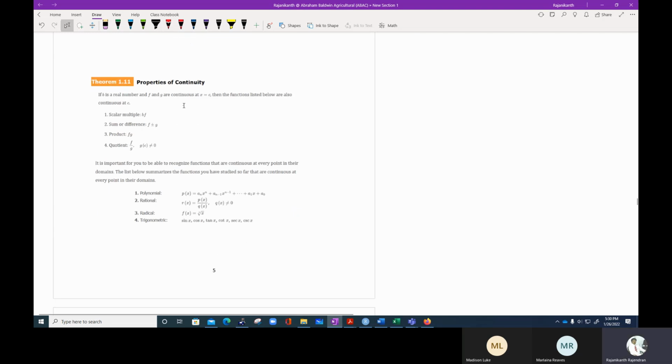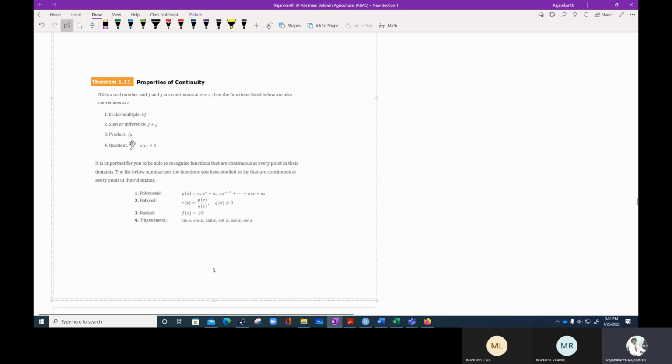So there are some properties of continuous functions. If functions f and g are continuous at a particular point C, then these are true. The function b times f is also continuous. If you add or subtract two continuous functions, the resultant function is also going to be continuous. If you multiply two continuous functions, then the product function is also going to be continuous.